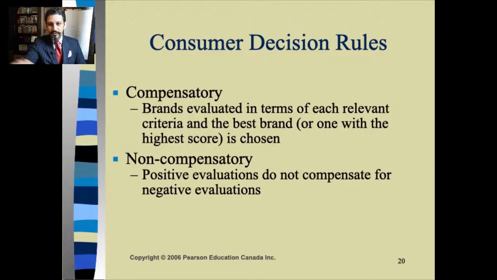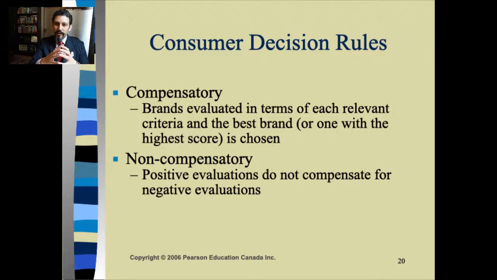brand. So that's it. The non-compensatory ones would be positive evaluations. So the positive evaluations do not compensate for negative evaluations. So you're looking at, well, the positives are there, but then the negative evaluations don't really overcome those things, right?